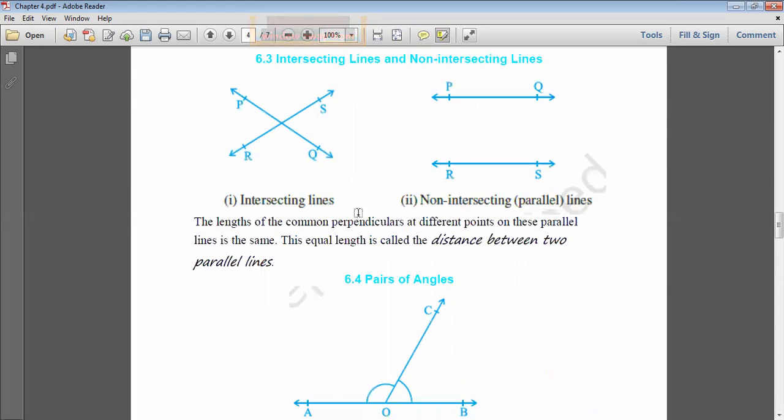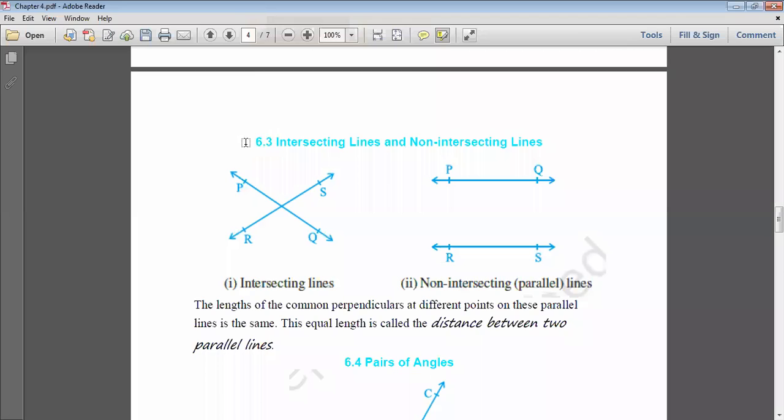Next we will deal with intersecting lines and non-intersecting lines. As the name suggests, intersecting means those lines which meet, you can see intersecting lines. But what do you mean by a non-intersecting line?